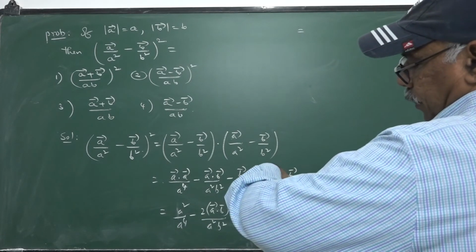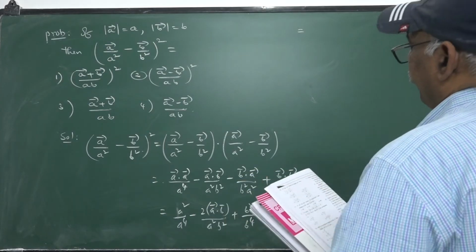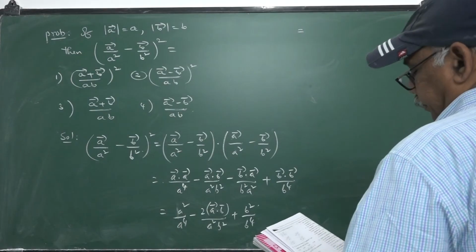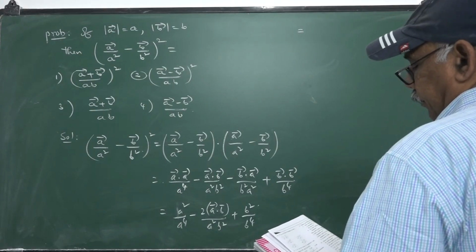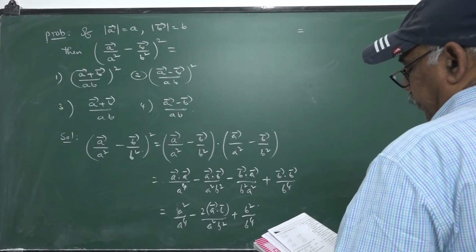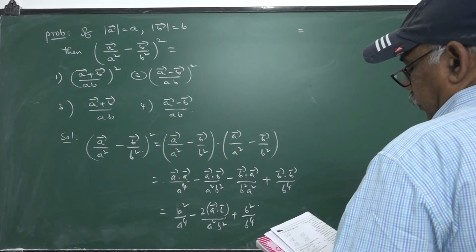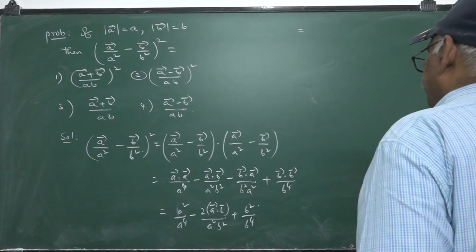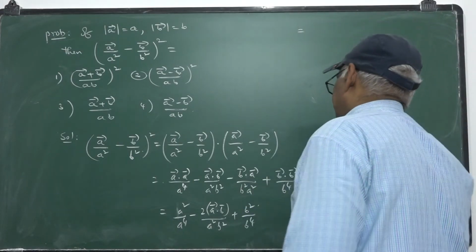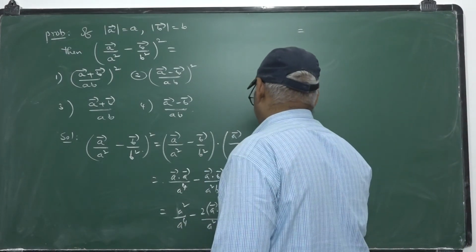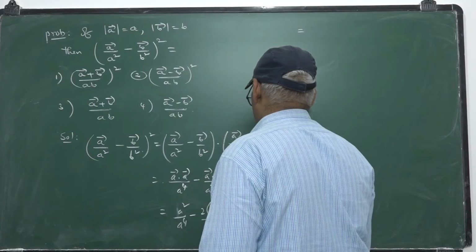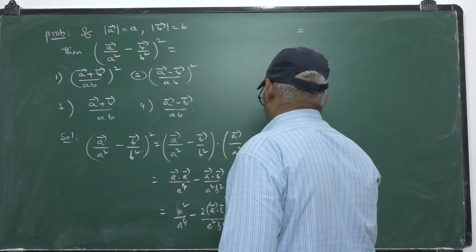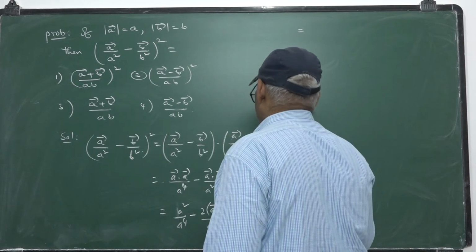This is of a square by a square b square, a cap, 1 by a cap minus b cap, a bar minus b bar by a square b square whole square.